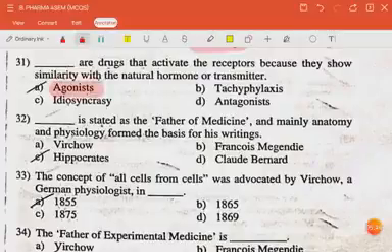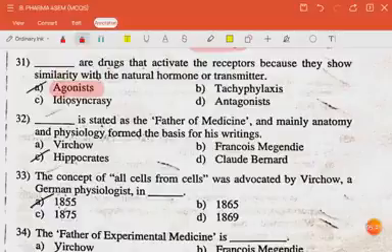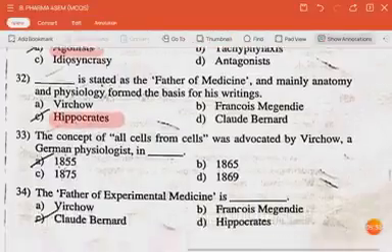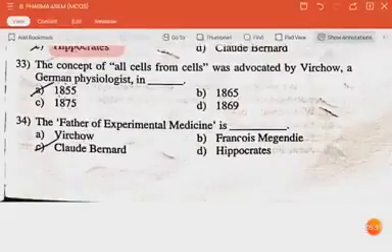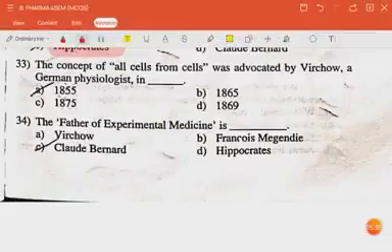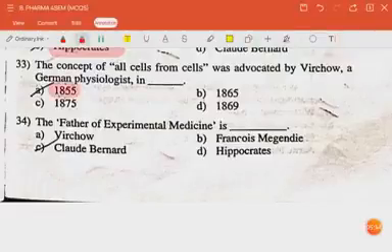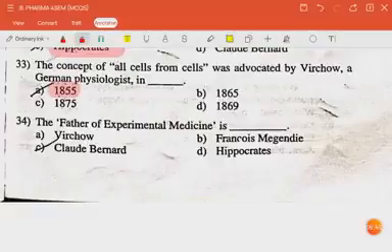The next question is, dash is stated as the father of medicine and mainly anatomy and physiology form the basis of his writing. The answer is Hippocrates. The next question is, the concept of all cells from cells was advocated by Virchow, a German physiologist, in 1855.